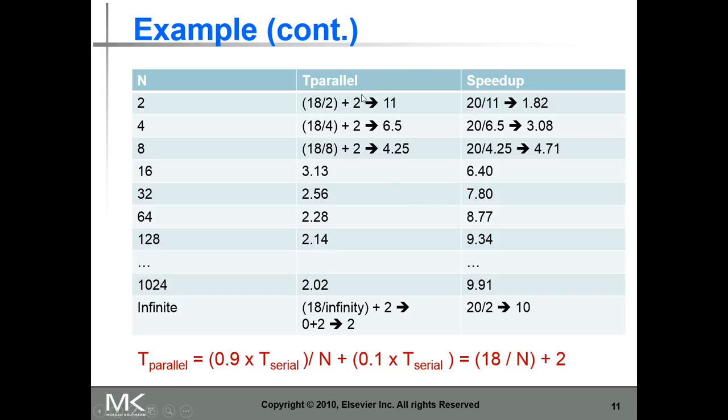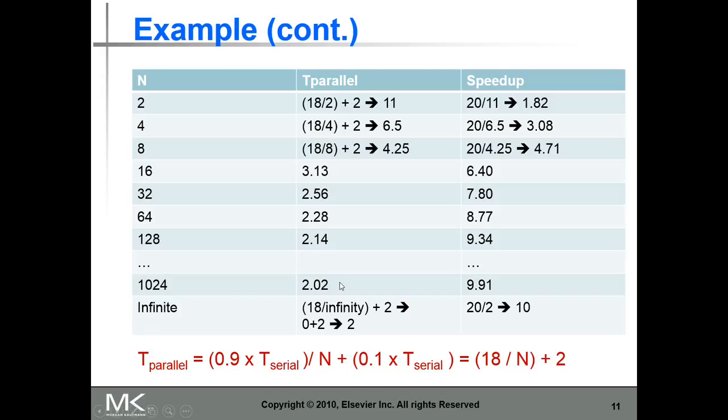If you look at this, you can probably see 2 things. As we increase the number of processors, our time parallel is asymptotically moving towards the value 2. Why is that? Well, remember that 2 is the amount of time it takes to run the inherently serial part of the program.